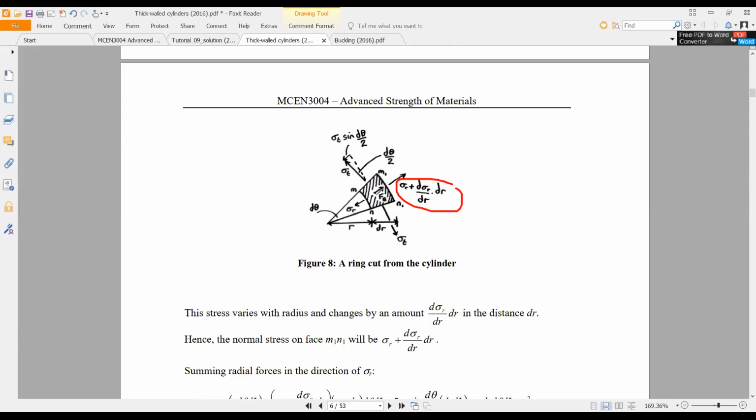These are the radial forces. Then we need to consider the tangential force. We will consider exactly this center point of this element. This is a kind of curved shape, not exactly a rectangle. This is arc shaped.